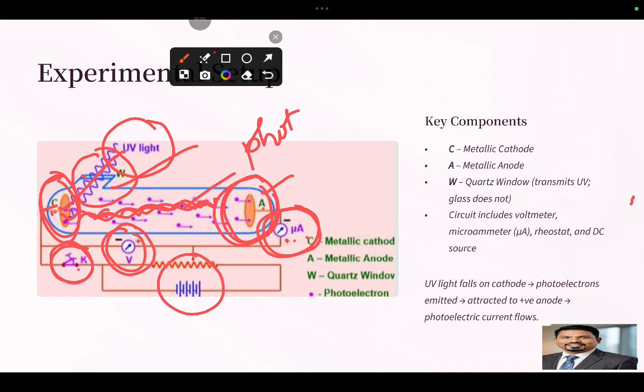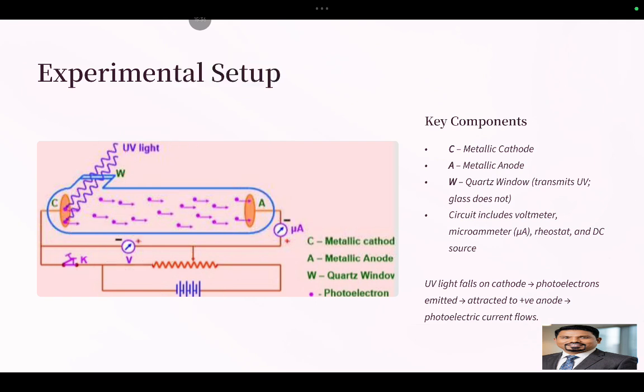These negatively charged electrons are attracted by the positive terminal anode. Like that, current is generated between cathode and anode, which we call photoelectric current. It is measured in microamperes using an ammeter.